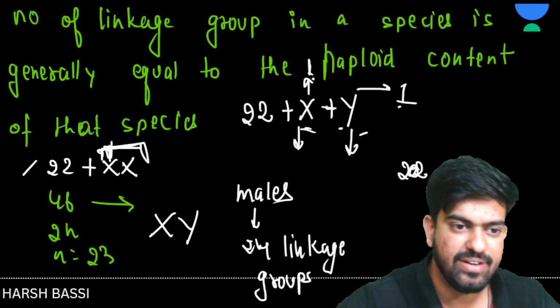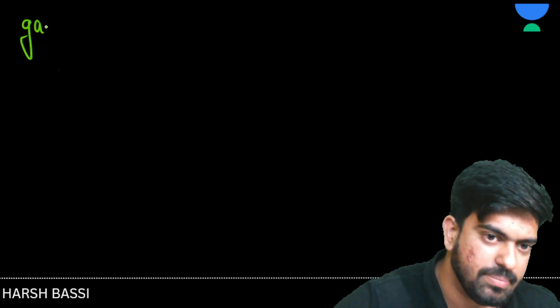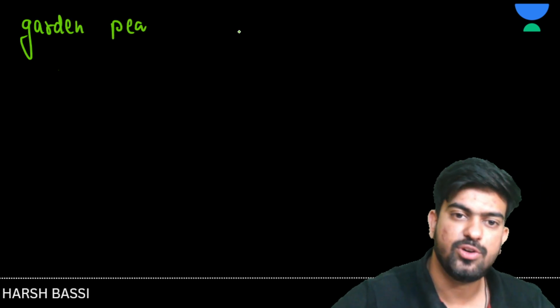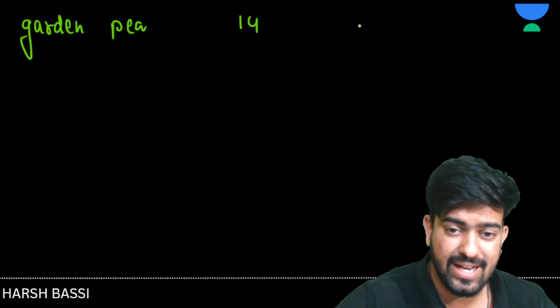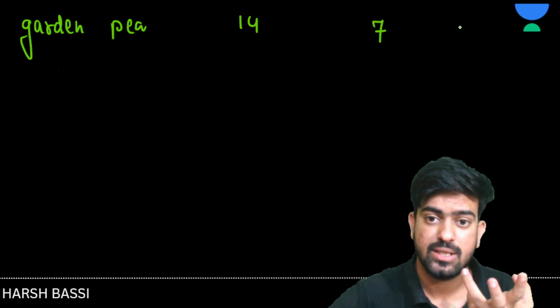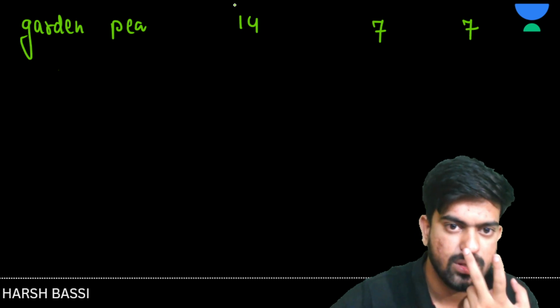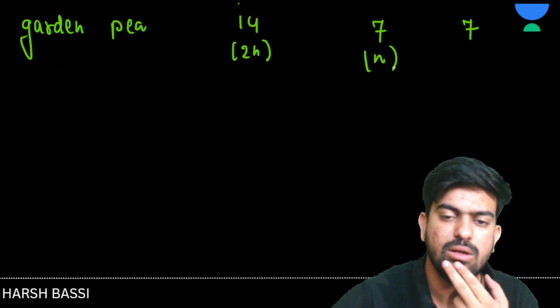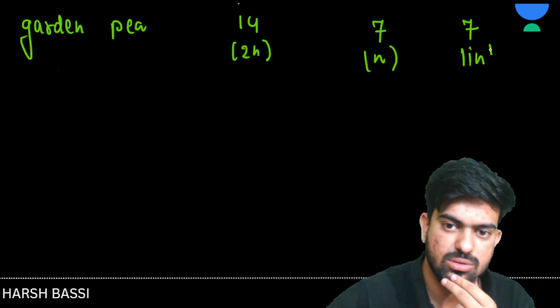Great. If you don't have any doubts, then I will give you some examples and then we will end the class. If I talk about the garden pea, the number of chromosomes is 14, the N content is 7, then linkage groups will be 7. This is 2n, N and linkage.